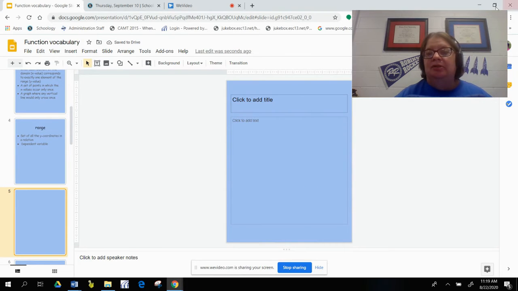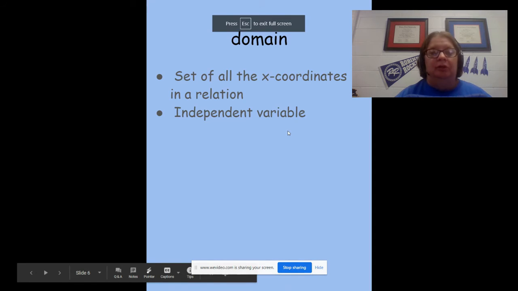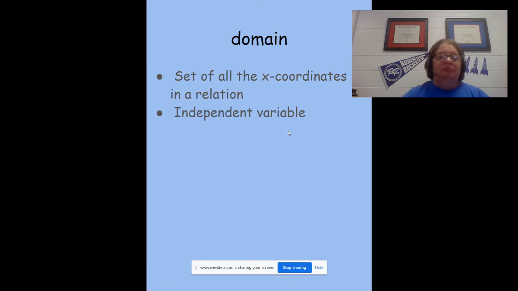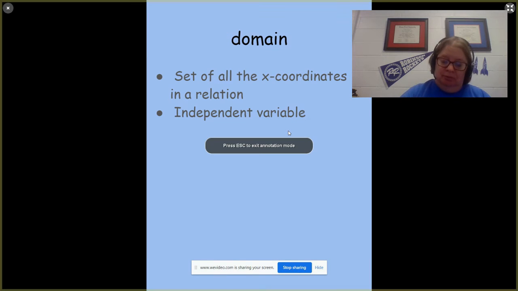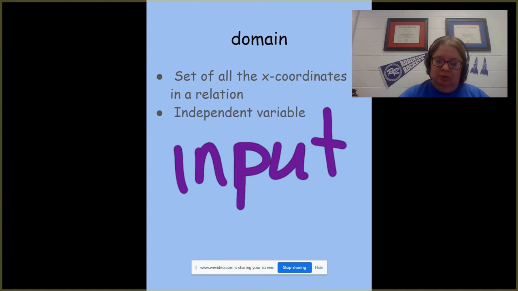The domain is the next word. It is the set of all x coordinates, or we said another word for that was input, right? So if you're going to the store and you're buying frozen yogurt, your input is what did you decide?